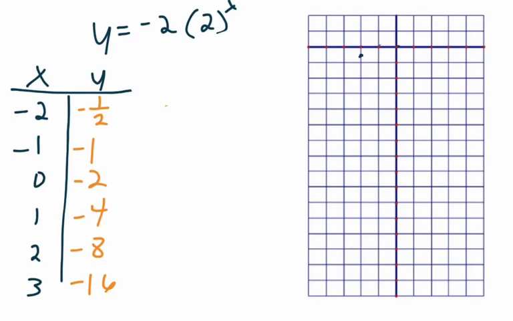Next one, negative 1 and negative 1, right down over here. 0 and negative 2 should take you right there. 1 and negative 4 would be over 1 and down to negative 4, which is right there. I've got 2 and negative 8, and that's going to get me right there. And the last one would be 3 and negative 16.